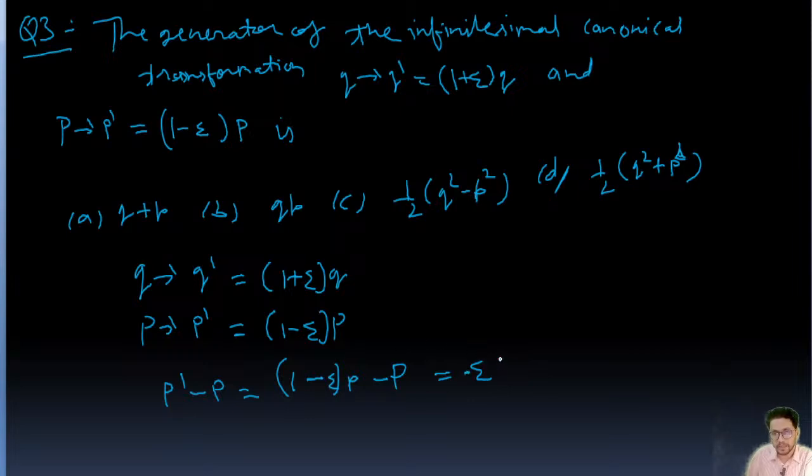This is going to be minus epsilon P. Similarly, Q dash minus Q, that is going to be 1 plus epsilon Q minus Q, okay.